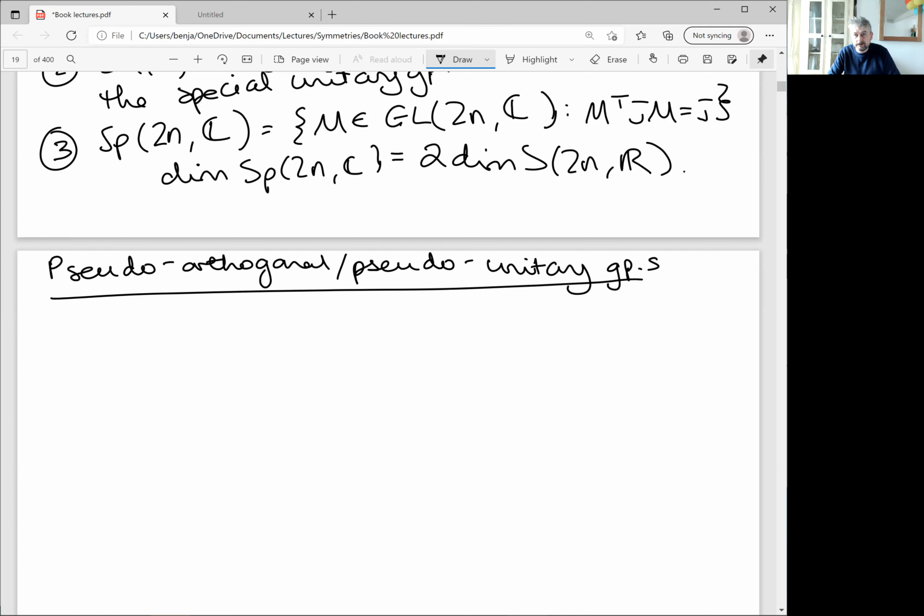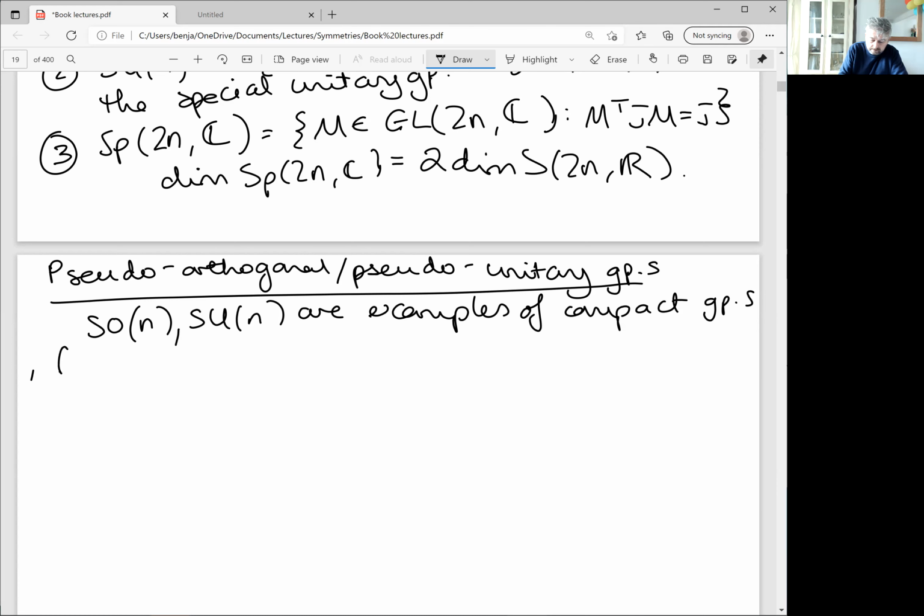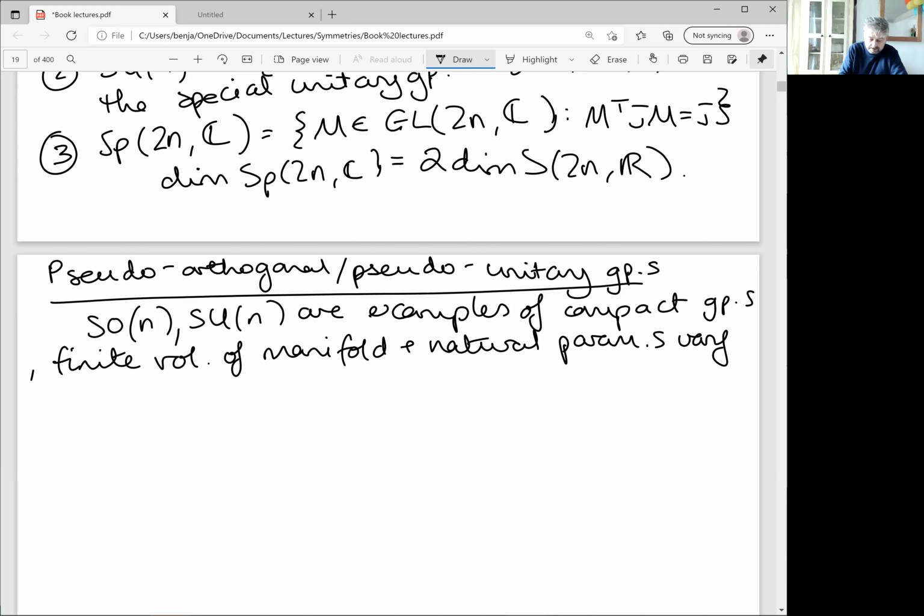Compact groups have a finite volume to their group manifold, and the natural parameters vary over a finite range. So SO(N) and SU(N) are examples of compact groups.